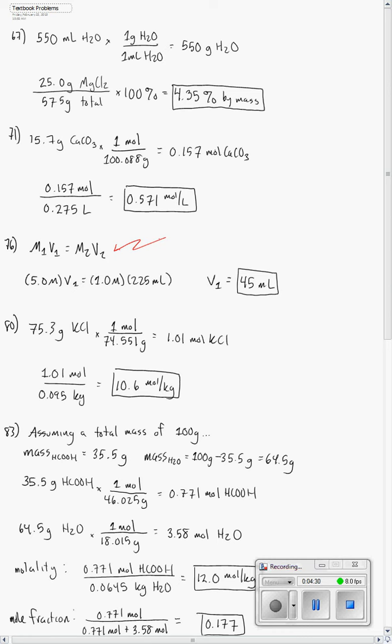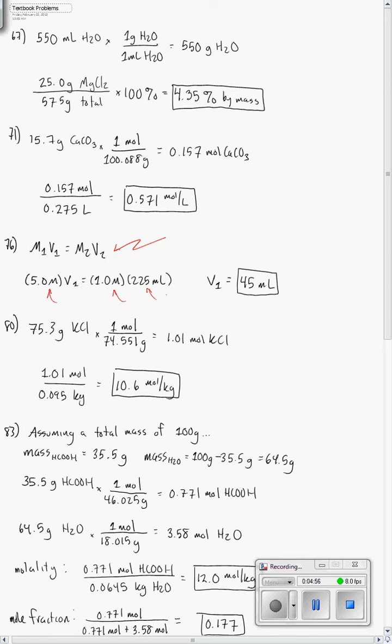From here, it's just a matter of plugging things in. You know your initial molarity is going to be 5.0 moles per liter, 5.0 molar. We don't know what volume of that we need to use yet. That's what we're solving for. Our final conditions are that we have a 1.0 molar solution, and we've got 225 milliliters of it. Plug things into our equation, and we can then solve for V1.